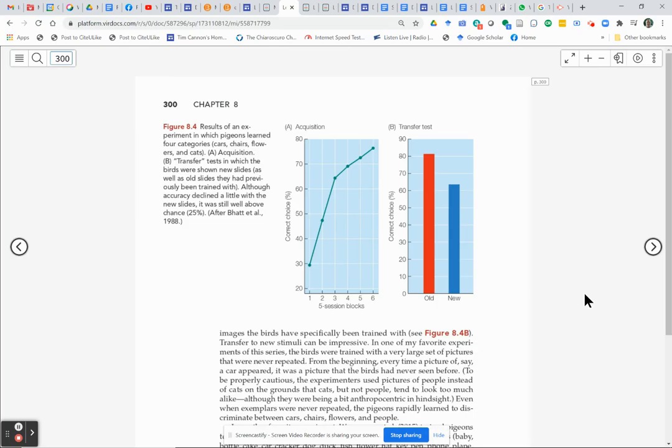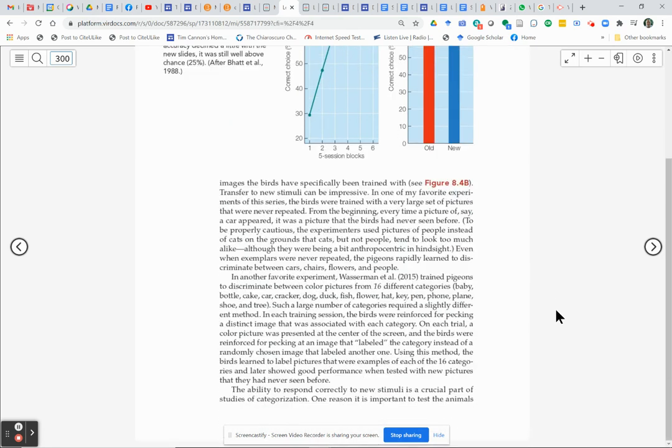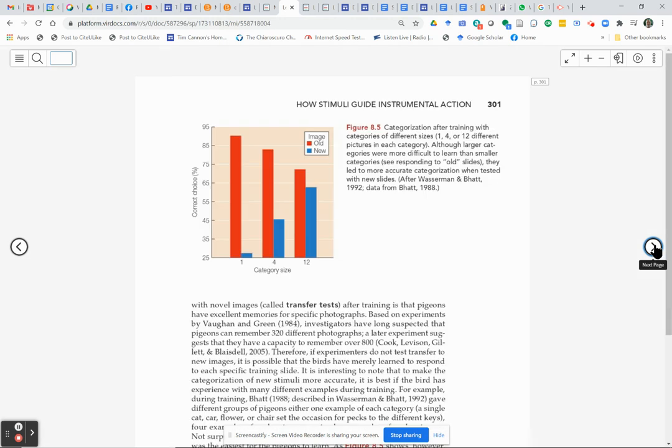Categories, and they approved cross categories, percent correct. And then they did a transfer test using novel slides, and they nailed it. Those amazing pigeons. And different categories, as you might imagine.